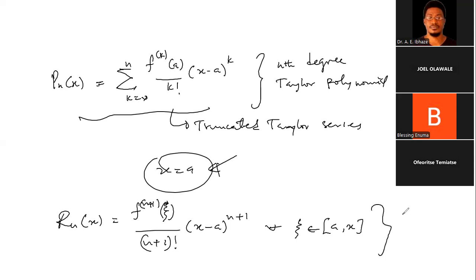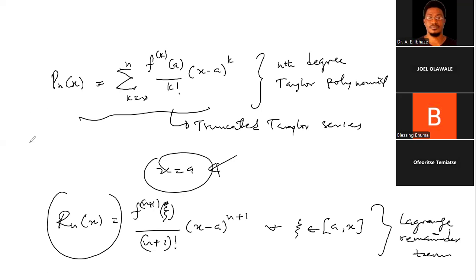This we call the Lagrange remainder. This Lagrange remainder term estimates the accuracy of the approximation.